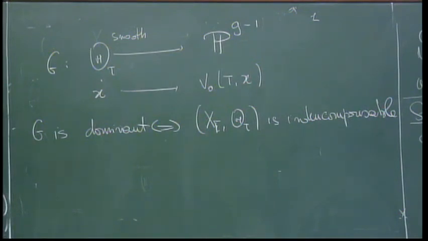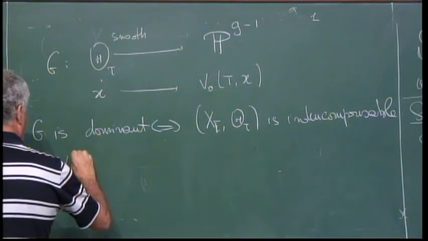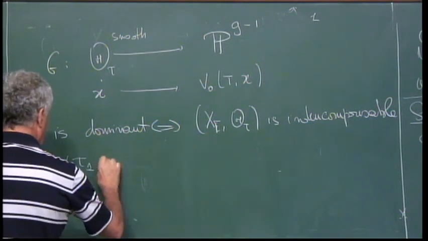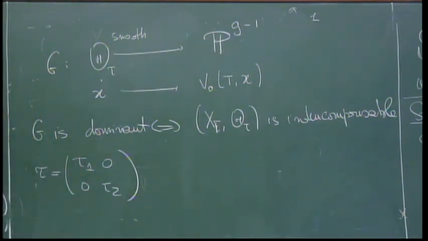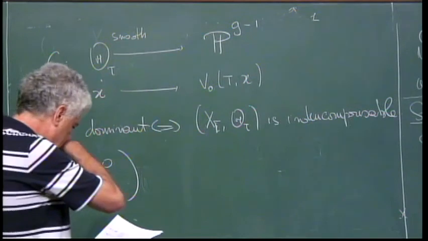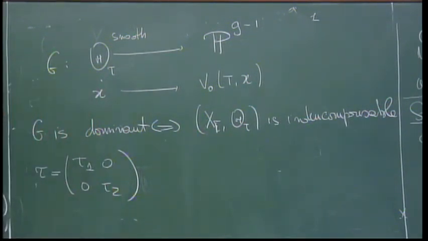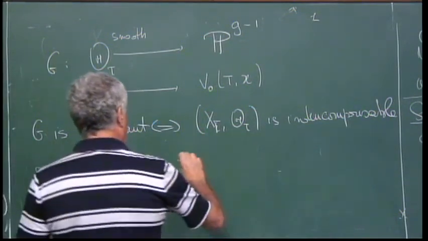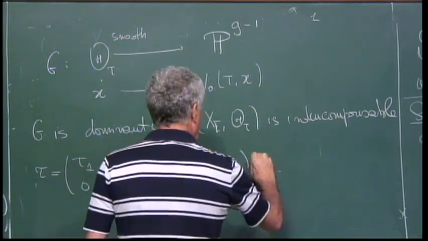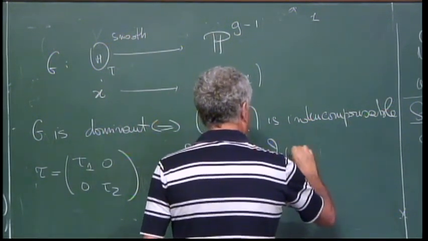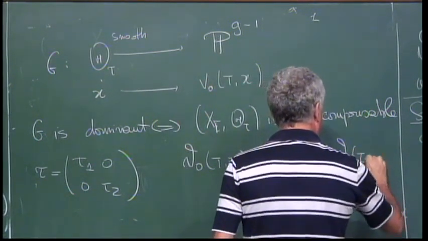Instead, if, for example, tau has this form, tau_1, 0, 0, tau_2, or is GL conjugate to this form, then it's easy to check what happens for the theta function. The classical theta function of tau, z becomes the product of theta of tau_1, z_1 times theta_0 of tau_2, z_2.